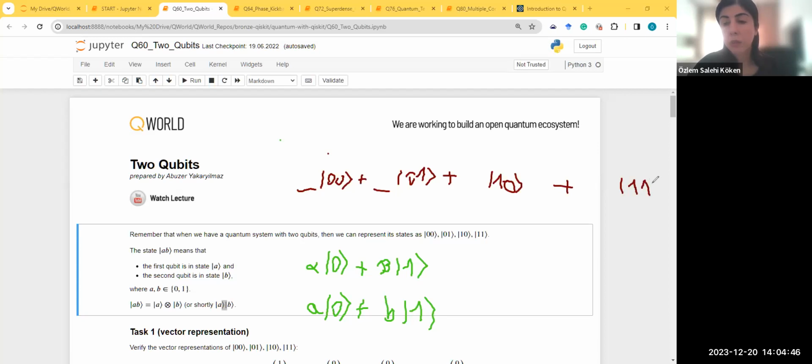So the two qubits can be in any linear combination of those four states. Can you tell me what should come here as the amplitude of 00?